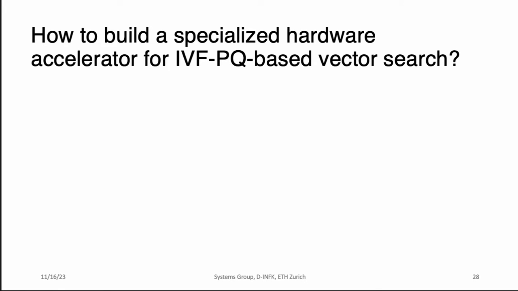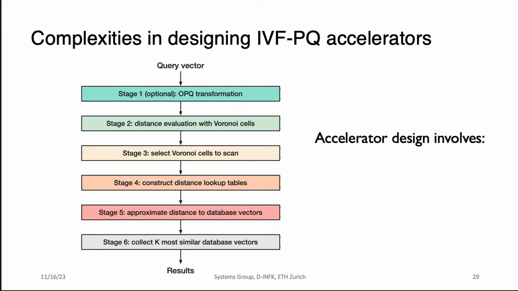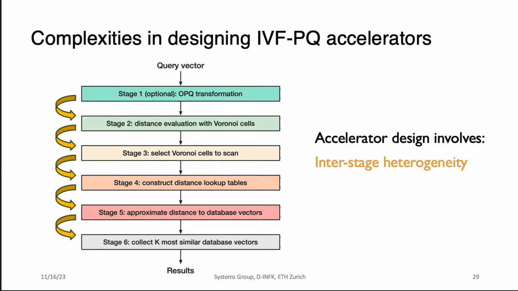So in this project, given the rising importance of vector search and the popularity of the IVF-PQ algorithm, we ask, can we build a specialized hardware accelerator for IVF-PQ? Well, it turns out it is not that easy, as there are several challenges when building such an accelerator. First, we have 6 different search stages, each with different workloads.